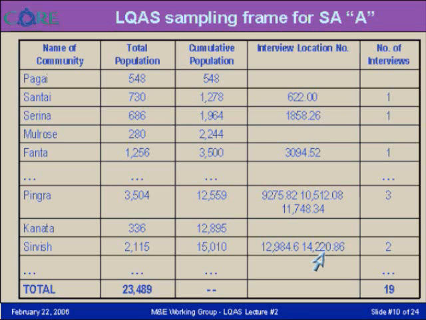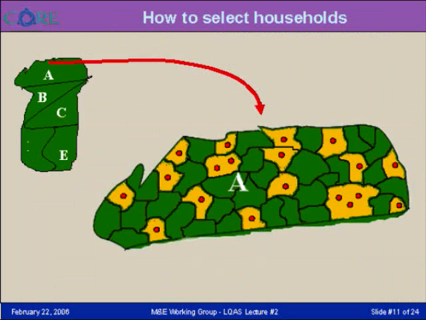So it is through this way that we can identify all 19 locations within the supervision area A that are randomly selected based on an initial random number, for our example, that was 622, a sampling interval, and the cumulative populations of all communities located in supervision area A. The same process is repeated for all the other supervision areas B, C, D, and E. We are now assuming that we have identified the locations for the 19 interviews in each of the supervision areas.